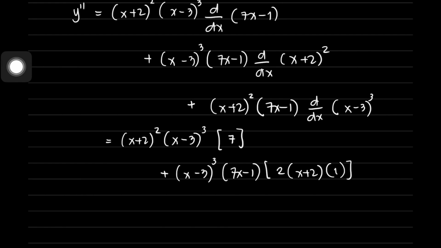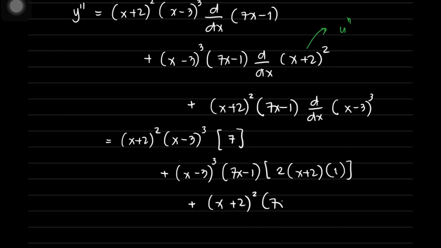Right? Because this is in the form of u raised to n. And again, the derivative of u raised to n is n times u raised to n − 1 times the derivative of u with respect to x. And lastly, we have plus (x + 2)^2 multiplied by (7x − 1) multiplied by the derivative of (x − 3)^3.